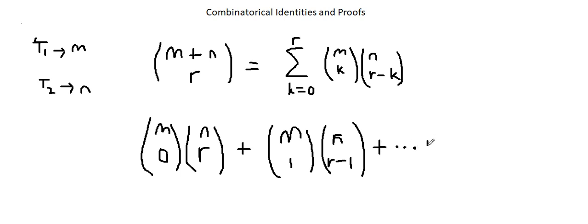I'm kind of proving it through algebra, but it's not exactly algebra. I'm not using actual logic, I'm actually mapping out the problem. We get to r on the m side, m choose r times n choose 0.